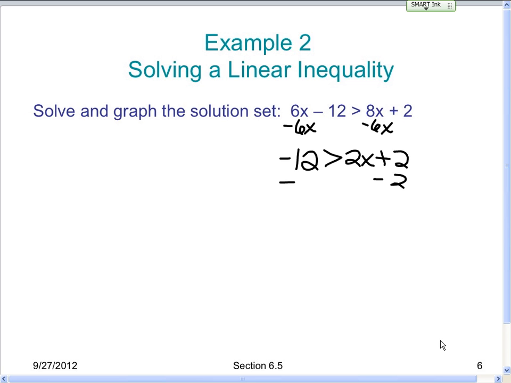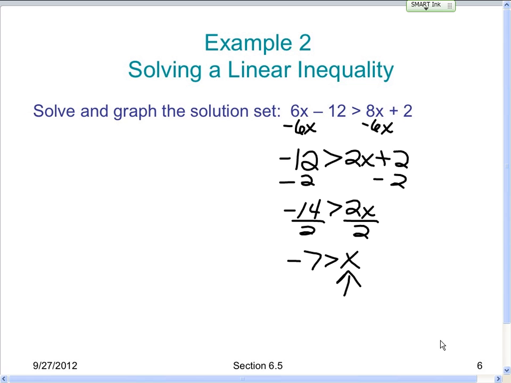Subtract 2. And divide by 2. You get negative 7 is greater than x. All right, now I don't want the x on the left.